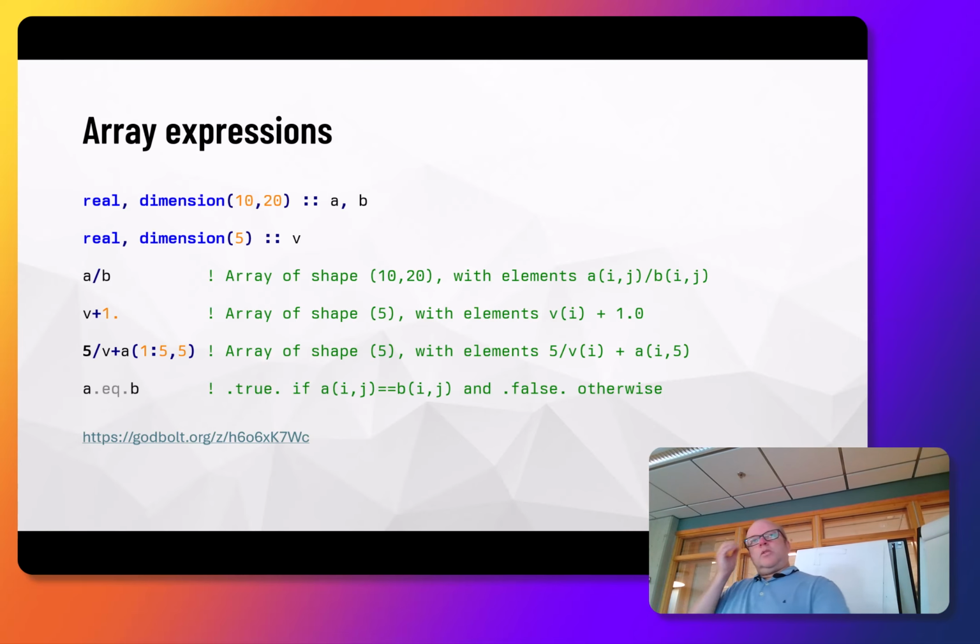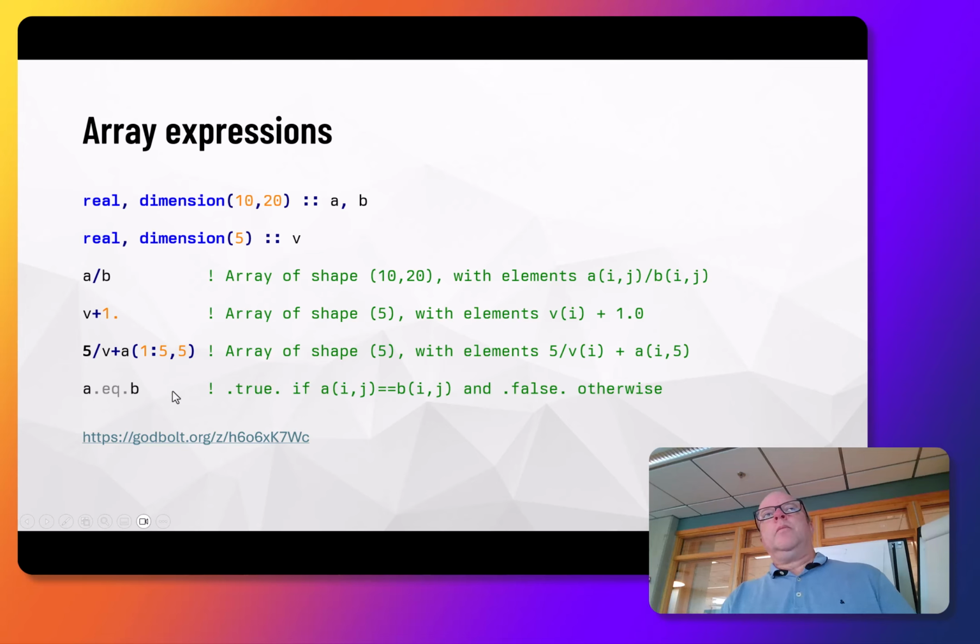So here are some examples. I have two-dimensional arrays A and B, and a one-dimensional array V. If you do A divided by B, the result of that expression will be Aij divided by Bij, so element-wise division on all elements. If you do V plus 1 dot, it will add 1 to all of the elements.